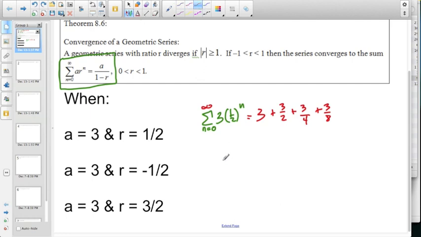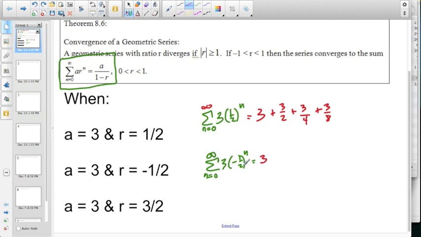Likewise, if we take a look at just making the common ratio a negative value, then we're looking at 3 times negative 1/2 to the 0 power.